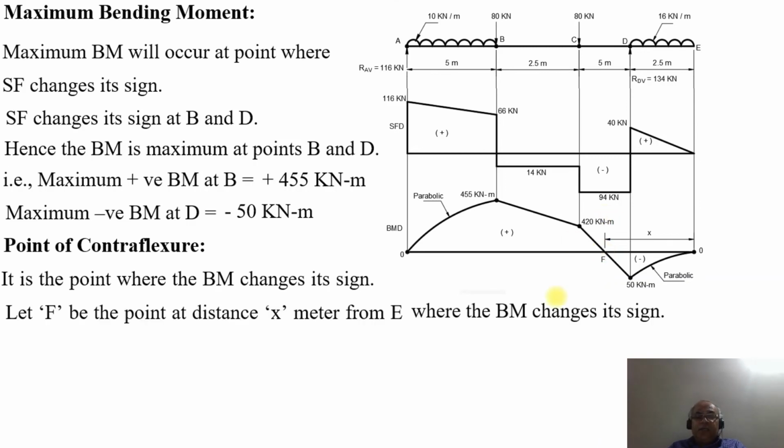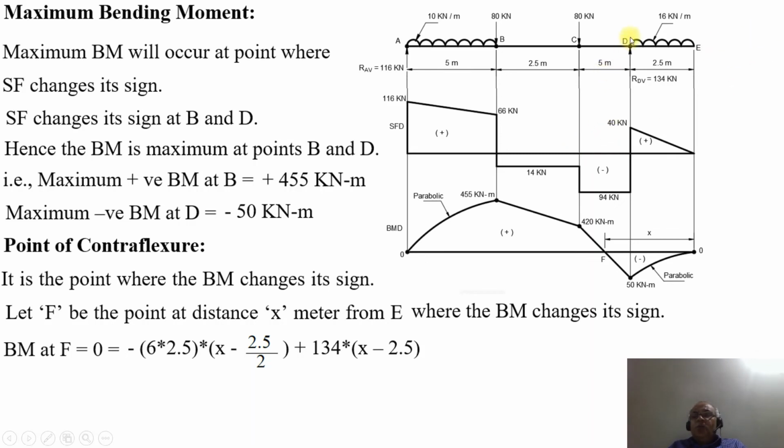Let F be the point at a distance of x meters from E, where the bending moment changes its sign. First, what is going to be the bending moment at the point F? BM at F is going to be 0. When you are considering the section, that will be minus 16 into 2.5.